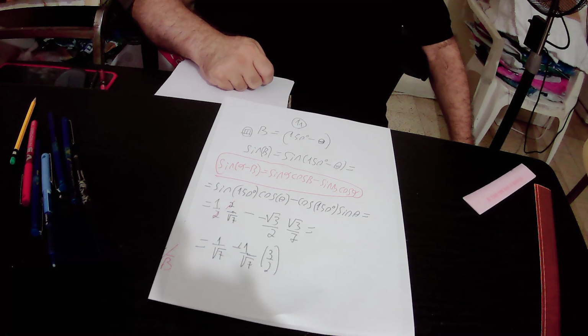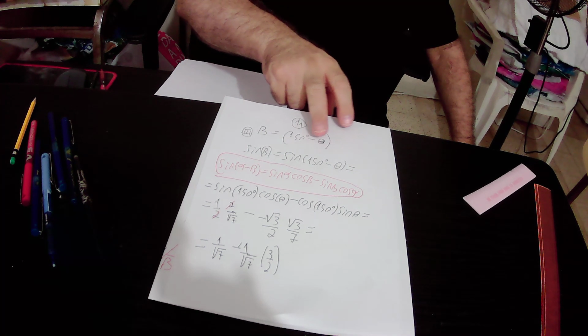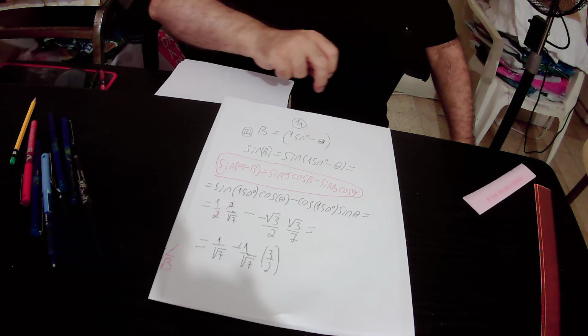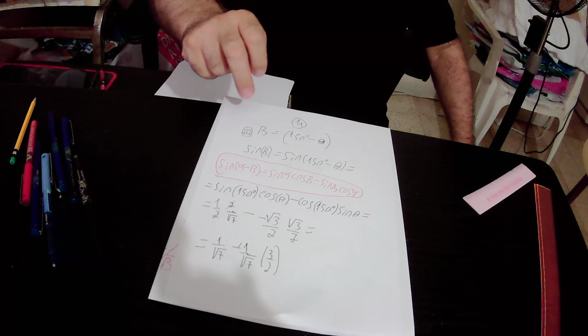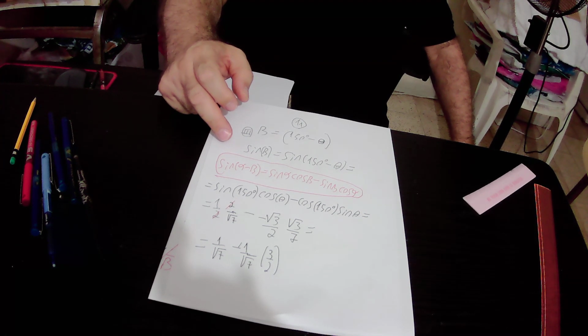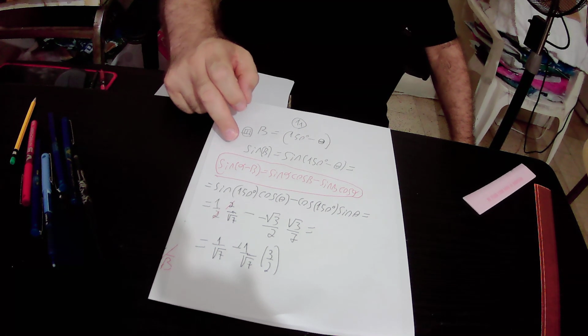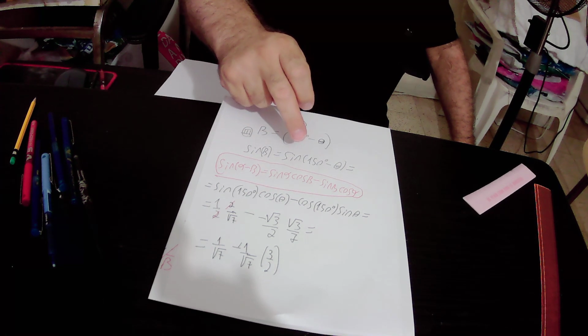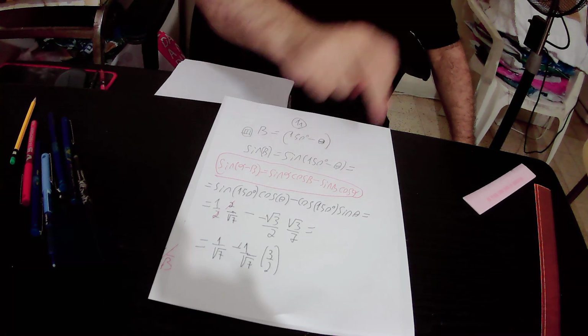In order to find the value of sine of 150 degrees minus theta, we used the second trigonometric identity, which states that sine of alpha minus beta equals sine alpha cosine beta minus sine beta times cosine alpha.